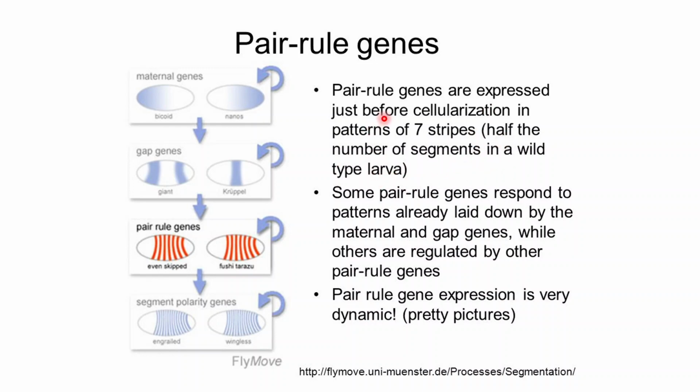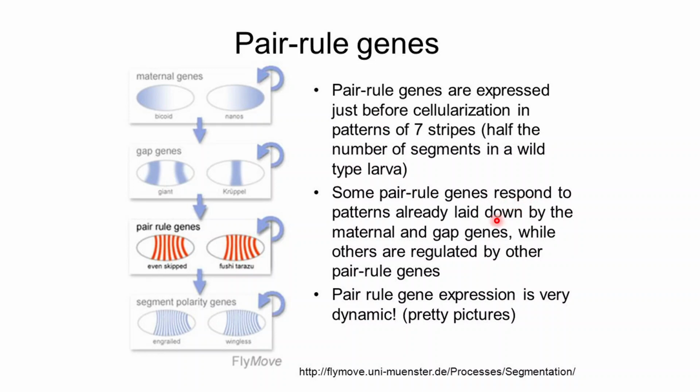So here you see pair rule genes are expressed just before cellularization, just before the syncytial blastoderm ceases to exist. Pair rule genes are expressed, and segment polarity genes, which are further downstream of pair rule genes. Now segment polarity genes will express in the cellular stage, while maternal effect genes, gap genes and pair rule genes will still be expressed in the syncytial blastoderm.